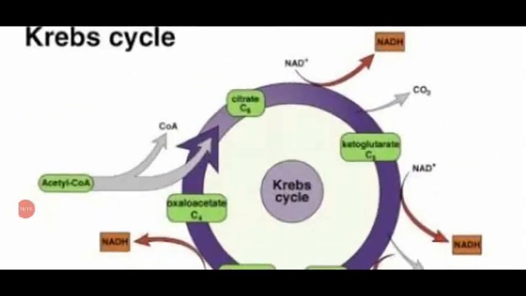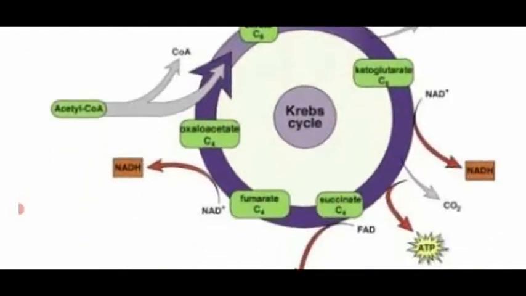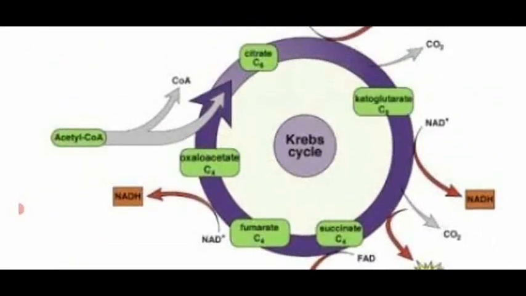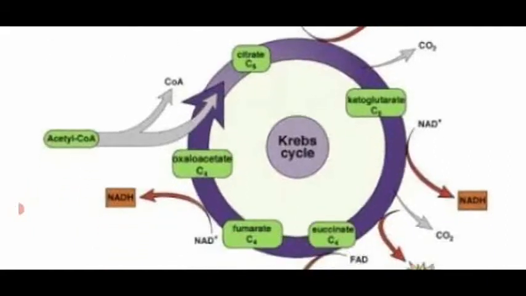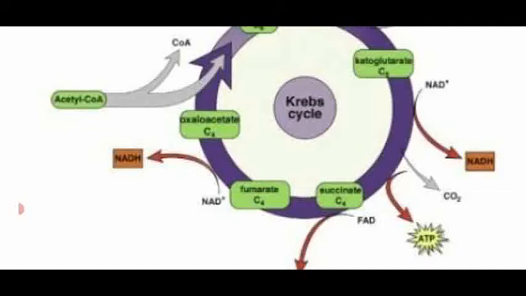Dear students, this is another process, the Krebs cycle, which takes place in the mitochondrial membrane. See the diagram, the white color arrow mark showing 1 molecule of carbon dioxide liberating outside. Another white color arrow mark shows the liberation of carbon dioxide.